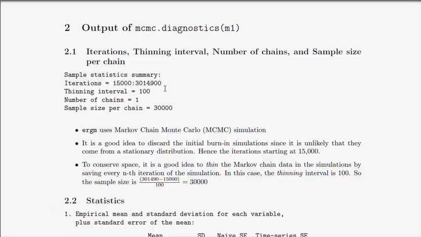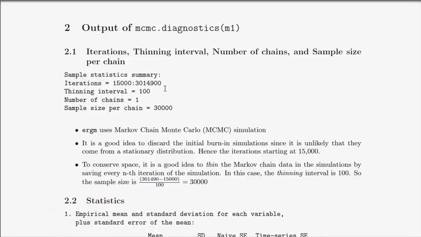So what you do is you sample from these after eliminating the burn-in iterations. So thinning interval 100 means that you pick a sample after every 100 iterations. For example, if you start with 15,000, you take 15,100, 15,200, and so on and so forth. Every 100th iteration is saved so you can analyze.